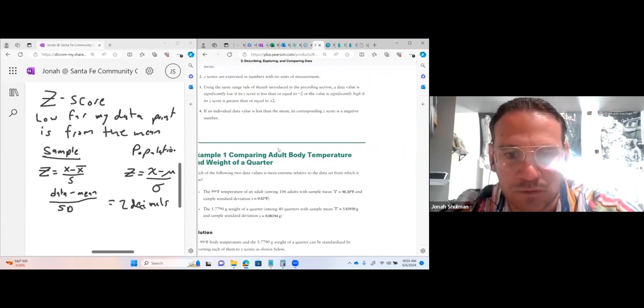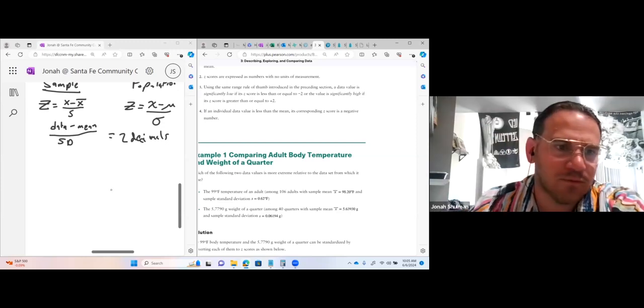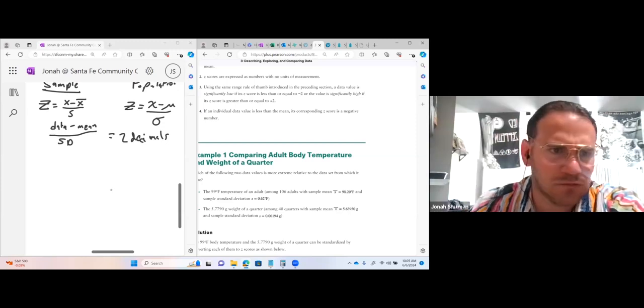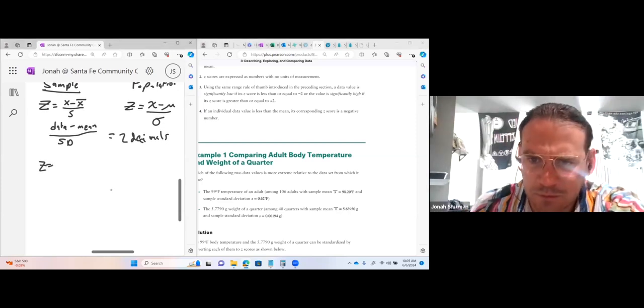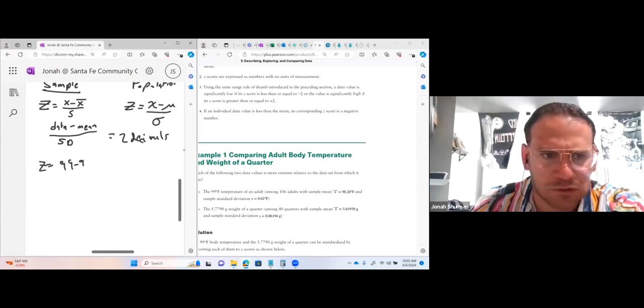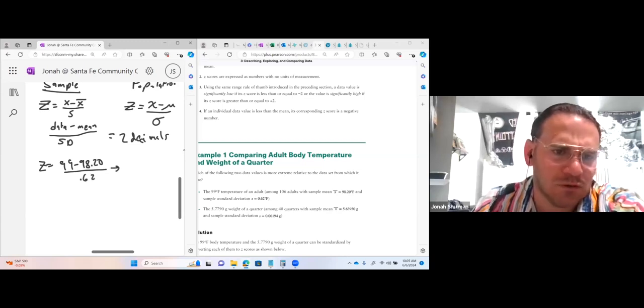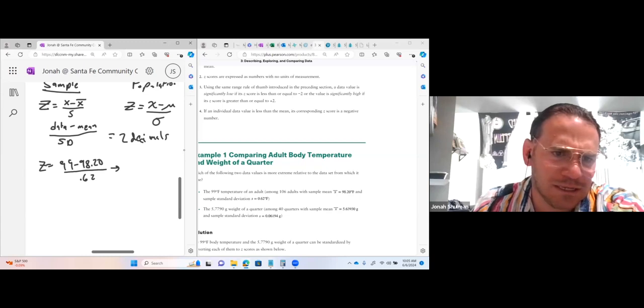So here, I'll do this too, and then we'll keep going. For the z-score, we're talking just a regular person. We probably don't have everybody. You see, that's a sample mean, so that's how we know we're using this notation. Basically, we take the data point, subtract the mean, and divide by the standard deviation, which is 0.62. So what is 99 minus 98.20?